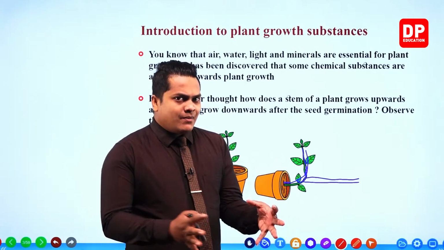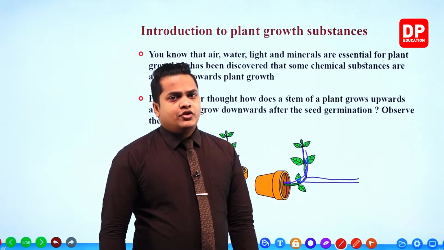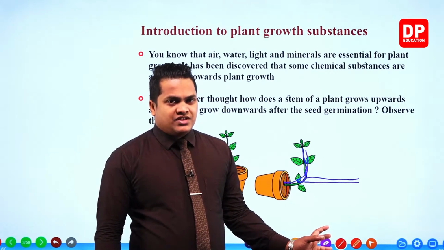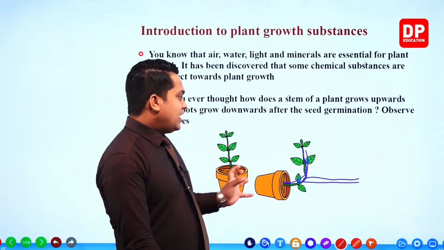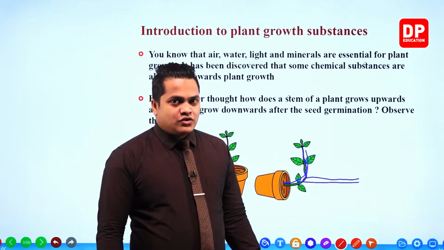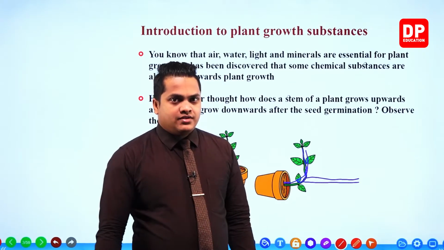So now I have prepared these two systems, right? In your home garden also, if you want, you can do these things. You just need to take a plant and lean it like this. So I have prepared this system in order to show you guys.